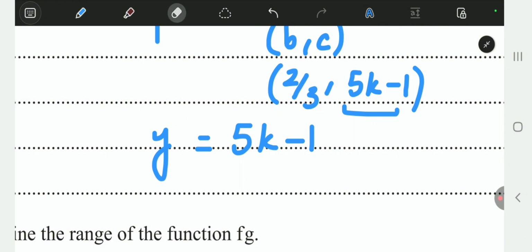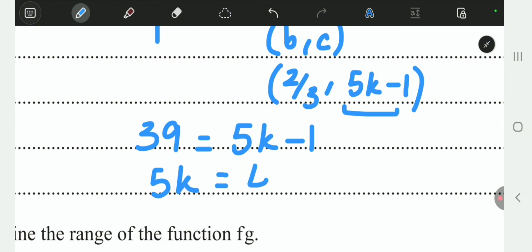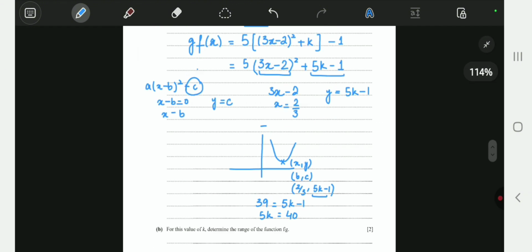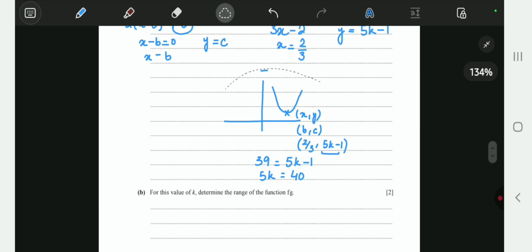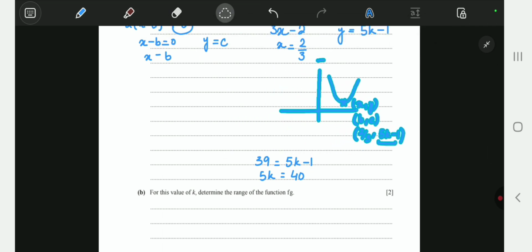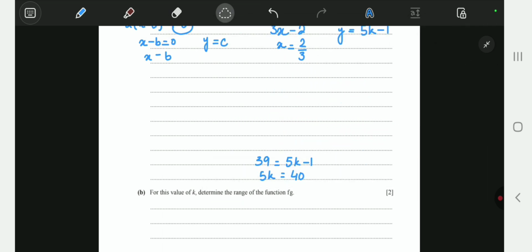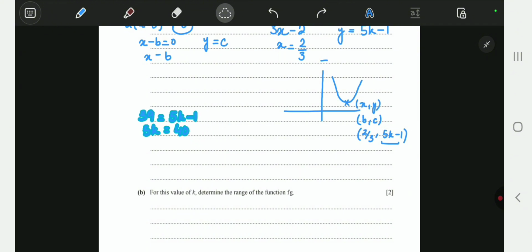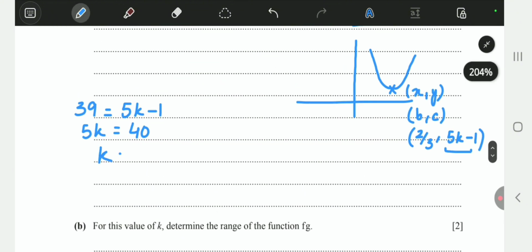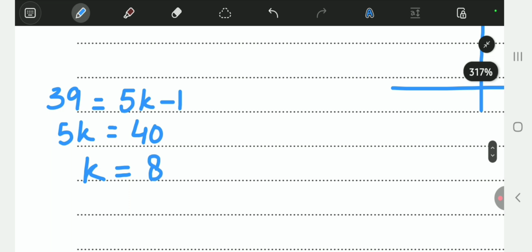So what is y given to be? 39 or greater, so you put 5k minus 1 equals 39. From here 5k gives you 40, so k is equal to 8.